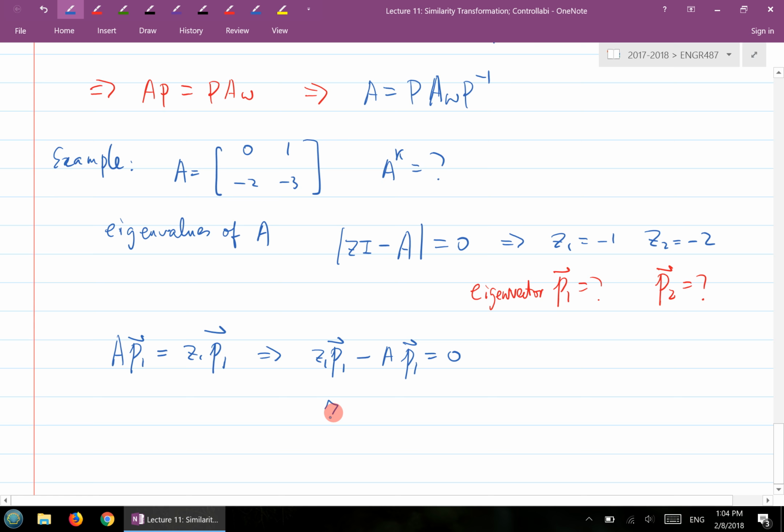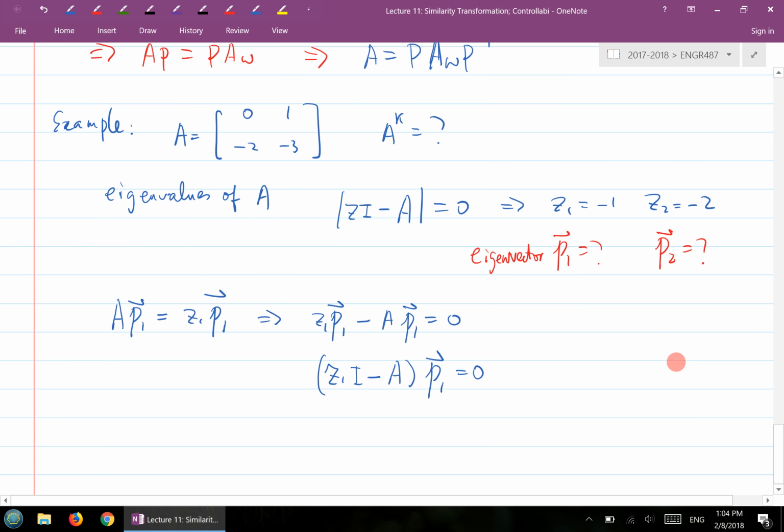Or it's Z1 I minus A times P1 equal to 0. P1 is what we're looking for, because we know Z1 is equal to -1. So let's let P1 equal to two elements, P11 and P21.